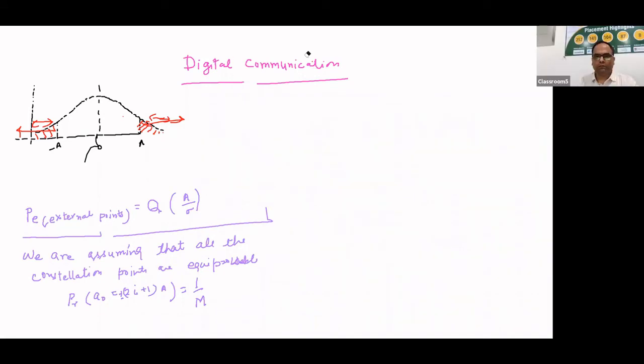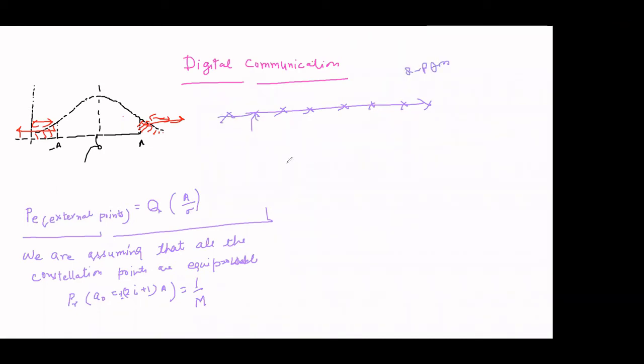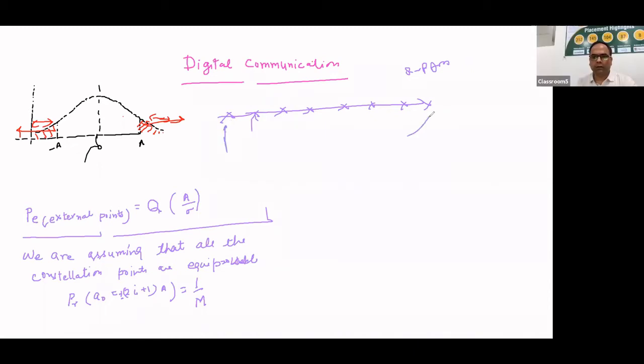So for example, if we see the constellation diagram, then we can have points like this: 1, 2, 3, 4, 5, 6, 7, and for example, this is 8. So this is 8-ary PAM, right? In this, we can have 2 endpoints and 6 internal points.